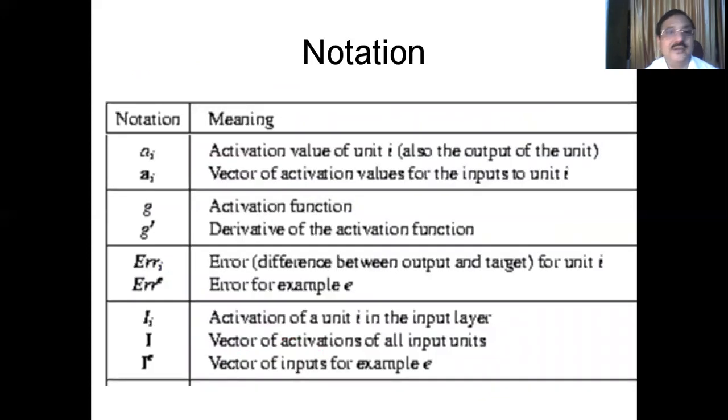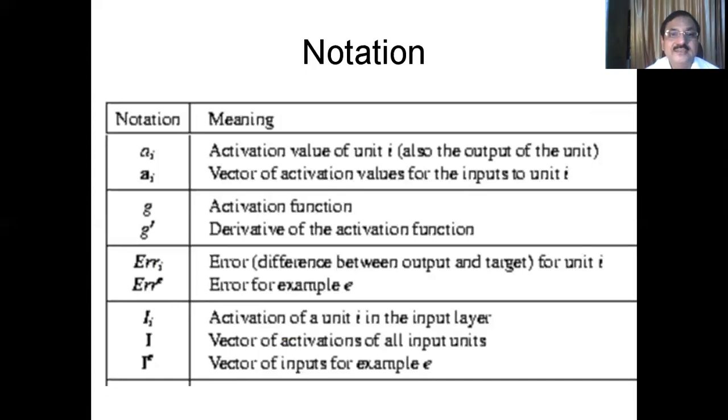And these are the notations. These notations are very important for discussing the whole concept. a_i is the activation value of unit i, also the output of the unit. This a is the vector of activation values for the input to the unit. g is the activation function. g' is the derivative of the activation function, that is, the differential coefficient of the activation function.